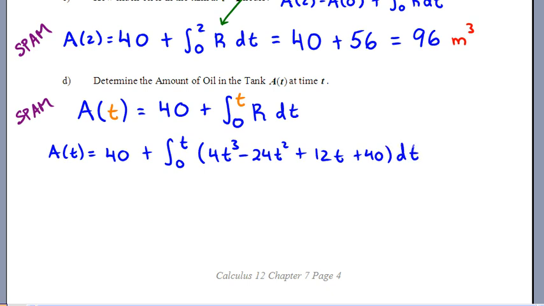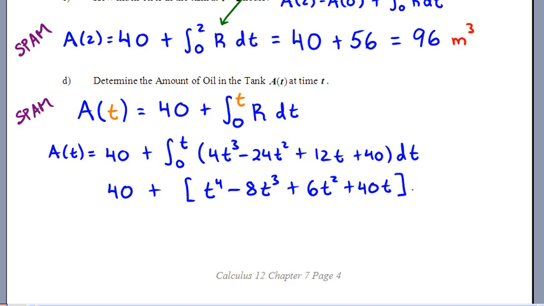I guess I do have to do an antiderivative here by hand. I've got my 40, and now the antiderivative. This one's not too bad. This would be t to the 4th. This is going to be a t cubed with a 1/3 little bodyguard there. Okay, so an 8 t cubed plus, this will be a 6t squared and a 40t.